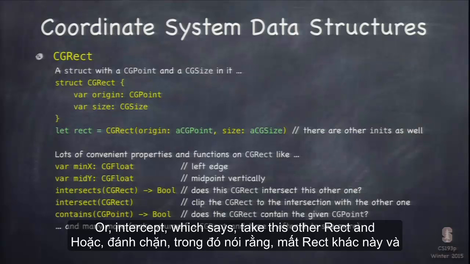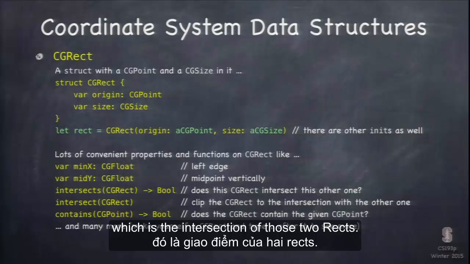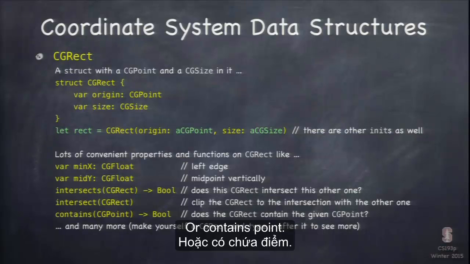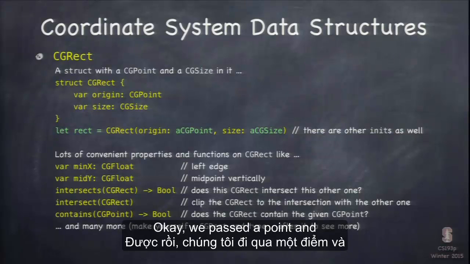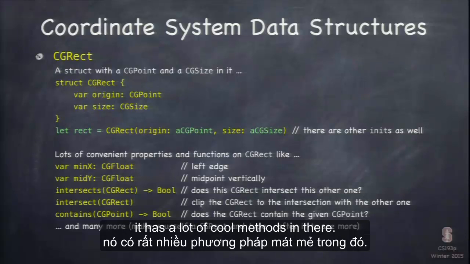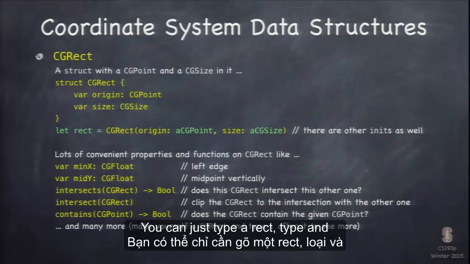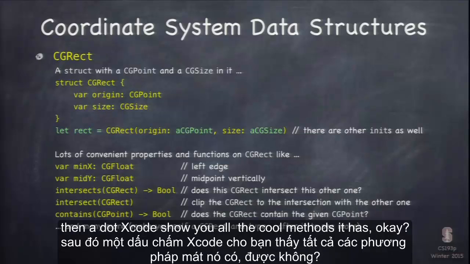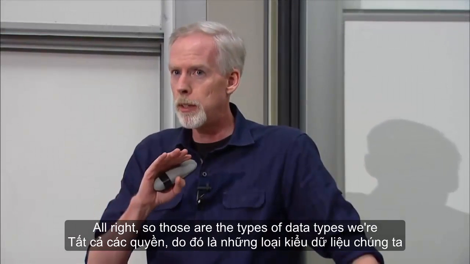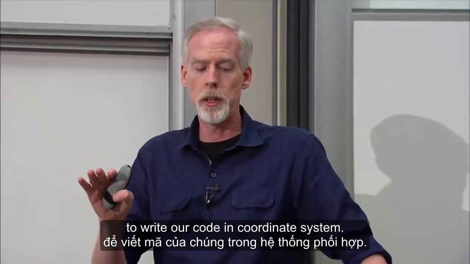Or intersection, which says take this other rect and create a smaller rectangle, which is the intersection of those two rects. Or contains point, okay? Where you pass it a point, and it'll tell you whether it contains that point. So rect, it's a struct, but it has a lot of cool methods in there. There's a whole bunch more. You can just type a rect type and then a dot, and let Xcode show you all the cool methods it has, okay? All right, so those are the kind of data types we're going to use to talk about our coordinate system and to write our code in our coordinate system.